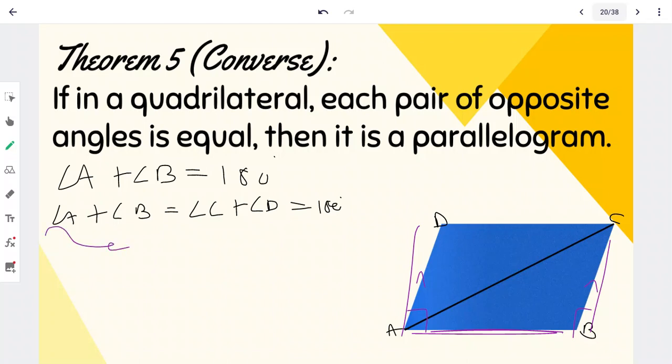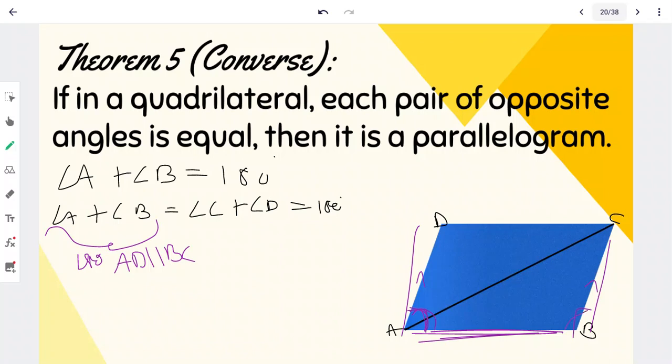So angle A plus angle B are co-interior, and they both add to 180. That means they are co-interior angles, so we prove that AD is parallel to BC. Okay, so AD parallel to BC we got. Why? Because AB is intersecting these two lines, opposite sides, and these two angles are 180 also. That means they are parallel.